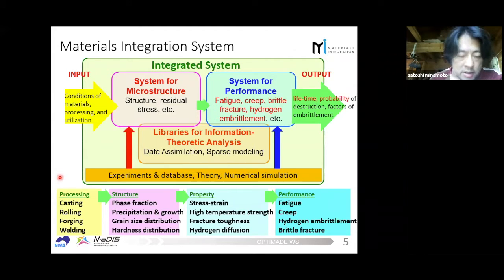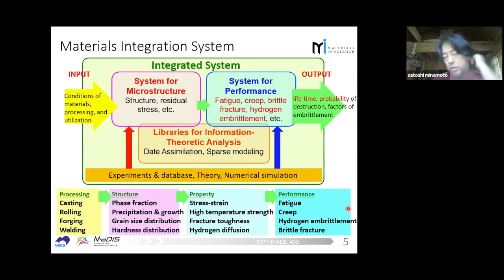As examples, we tried to tackle four problems for structural materials. One is fatigue life prediction, the second is creep life prediction, the third is hydrogen embrittlement problems, and the final is brittle fracture for the weld joint part.